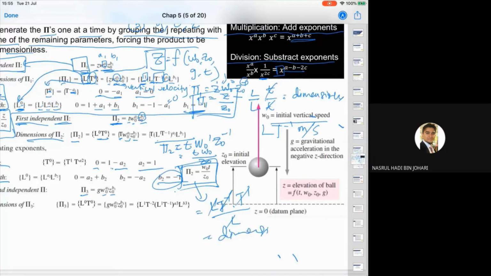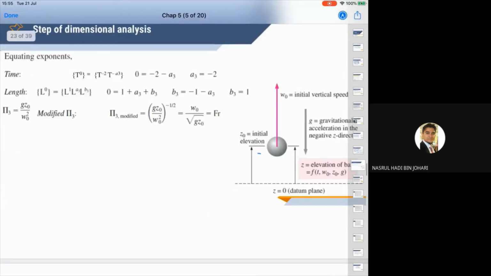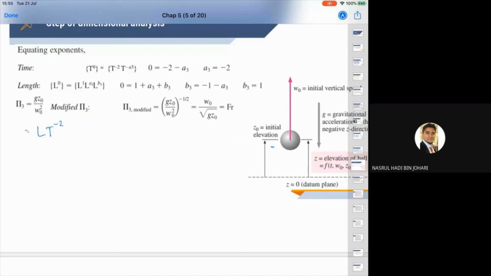However, pi 3 is not dimensionless. You look. So this one, L T of minus 2, and then Z naught is L. So W naught power of 2 is what?